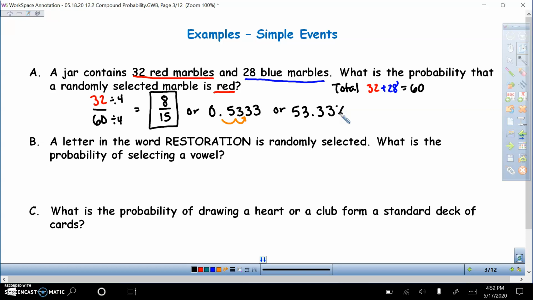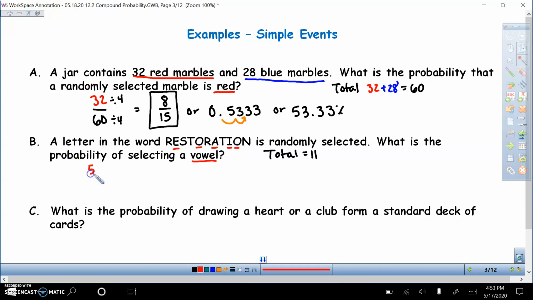Let's look at example B. A letter in the word restoration is randomly selected. What is the probability of selecting a vowel? So you need to figure out how many total letters there are. If you go through and count all the letters, there are 11 letters in total. A vowel, remember those are A, E, I, O, U. So I have 1, 2, 3, 4, 5 vowels.